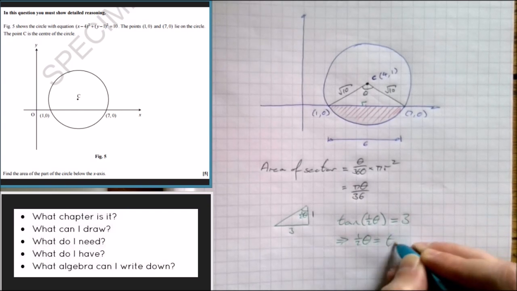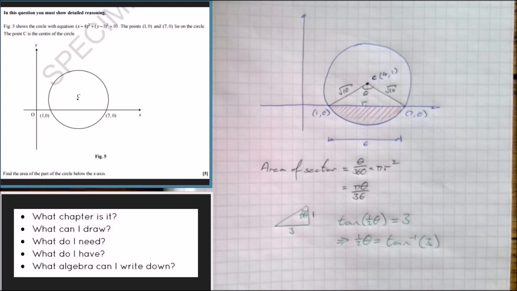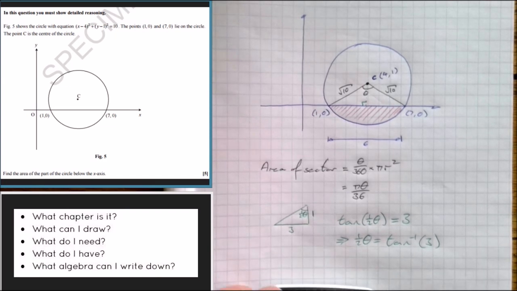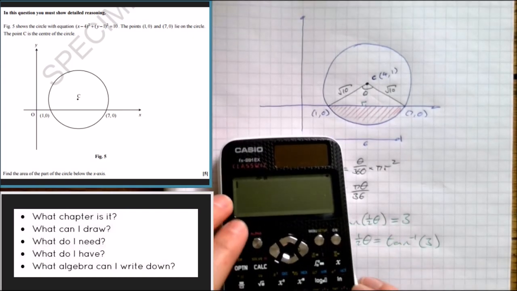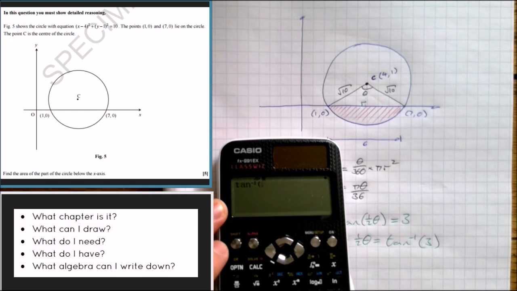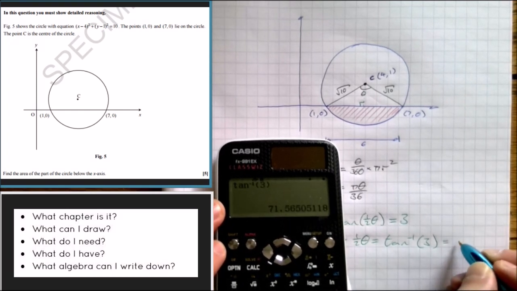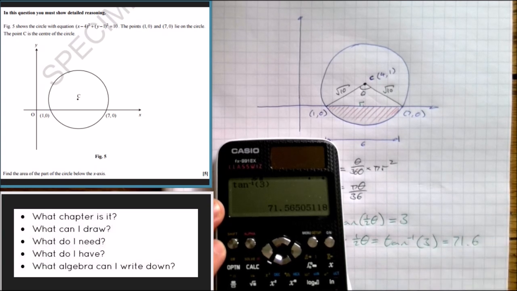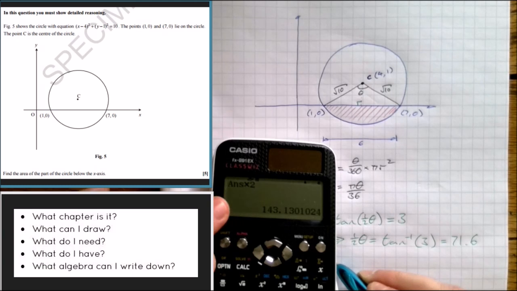I can get theta very easily. Jump into my calculator, making sure I'm in degrees, inverse tan of 3, that gives us what a half theta is, so times that by 2 and we get theta.